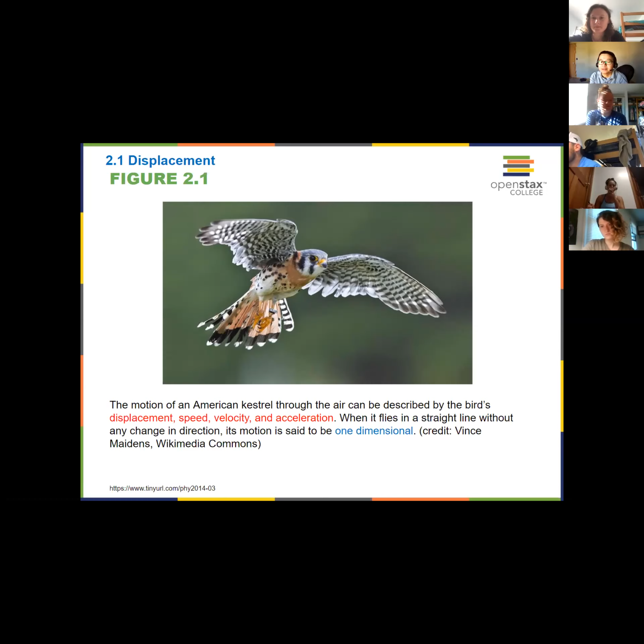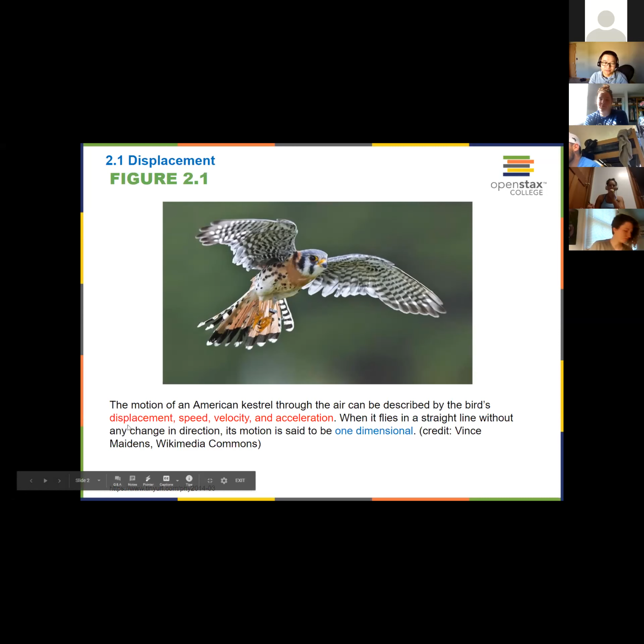Then, using those quantities, we'll be able to get some information out of some known quantities, okay? So in this chapter, we'll be talking about the terminology listed here in red: displacement, speed, velocity, and acceleration. Those are the 4 main quantities we'll be talking about.